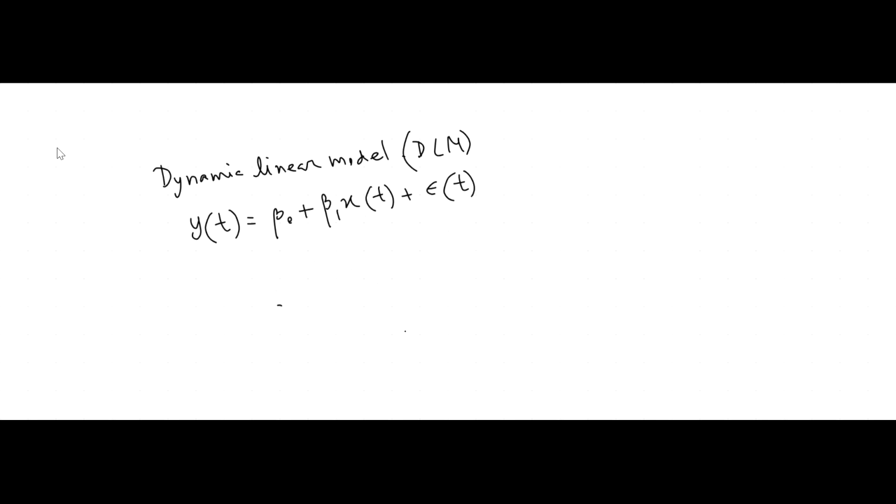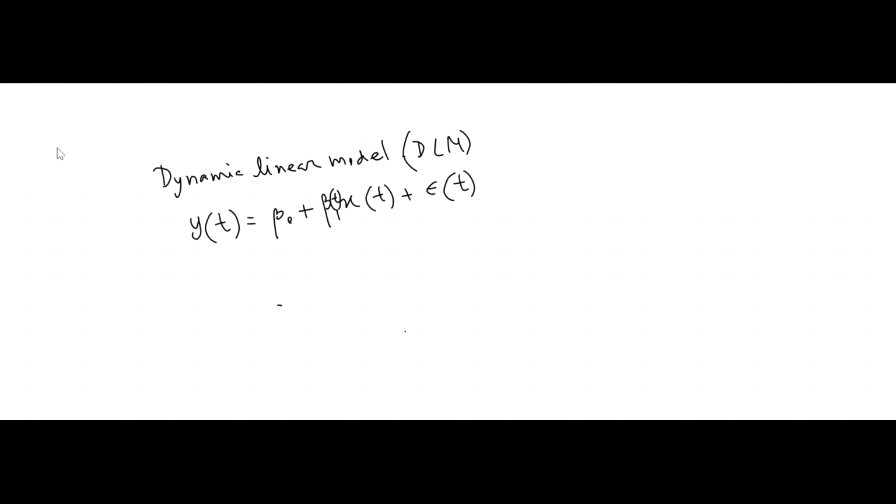Sir, does it mean that beta 1 is changing every time, for each observation? Yes, you are absolutely correct. So you will no longer consider beta 1, but you will consider beta 1t. Beta 1t is also a time series, that means you have to specify a model for beta 1t.